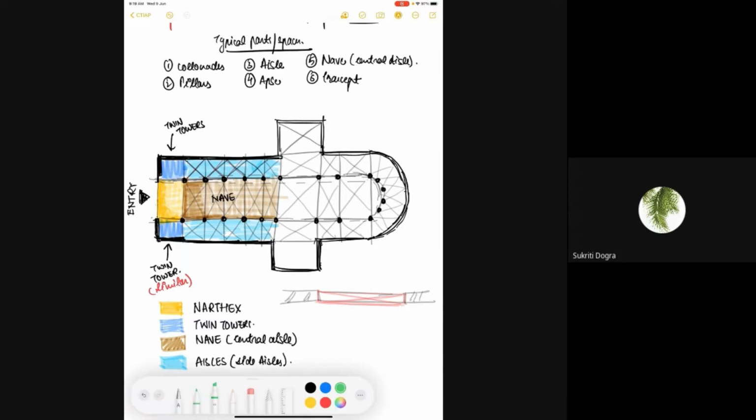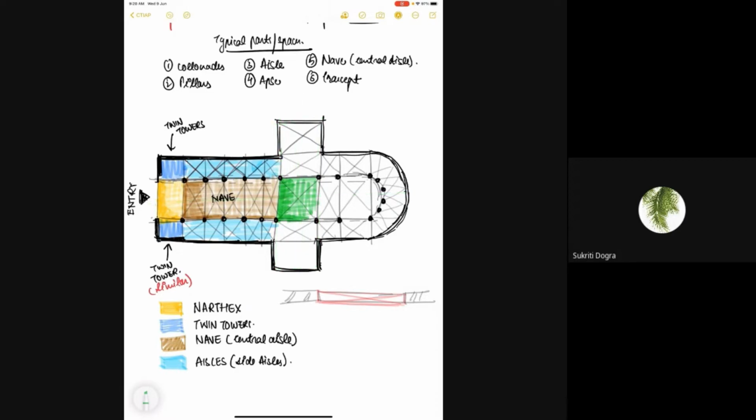This is the intersection of your two areas, and you can see there is an intersection of a plus area in this. This thing is called the transept, and this thing is called the crossing of the transept. The plus sign that we are seeing, this whole thing all together, is called the transept.